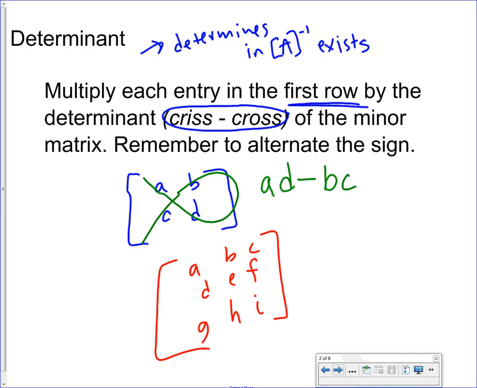So let's start with A. We can only use the criss minus cross pattern if we have a 2 by 2. So I'm going to ignore the column and the row that contains A.